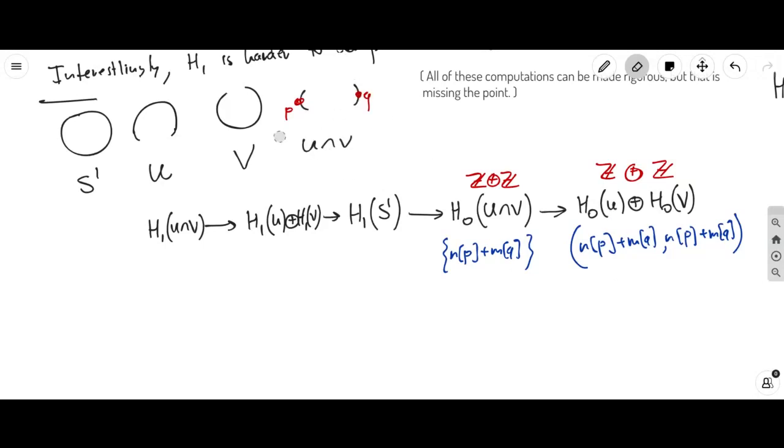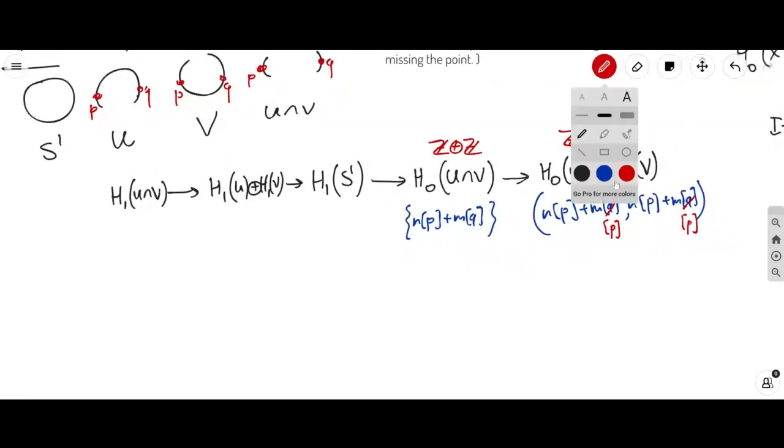But in U, the points P and Q are part of the same component. Since they're part of the same component, Q is homologically equivalent to P. And likewise, the same thing happens in V. So this MQ can be replaced by just MP, and this can be replaced by MP. Or you can replace it by Q if you want. It does not really matter.